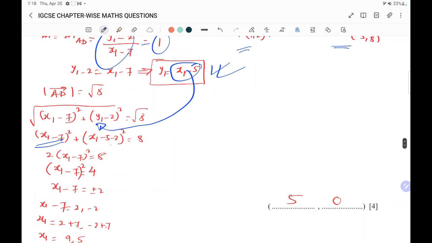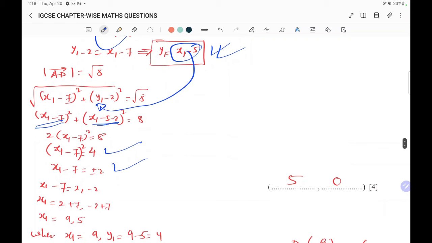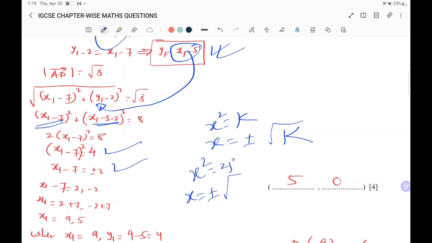You will get x1 minus 7 whole square, x1 minus 7 whole square. So twice of x1 minus 7 whole square, divide by 2 both sides, you will get 4, then take root, plus minus 2 it will be, because you know that if x square is k, then x is plus minus root k. For example, x square is 25, then x is plus minus root 25. So x is plus minus 5, right?